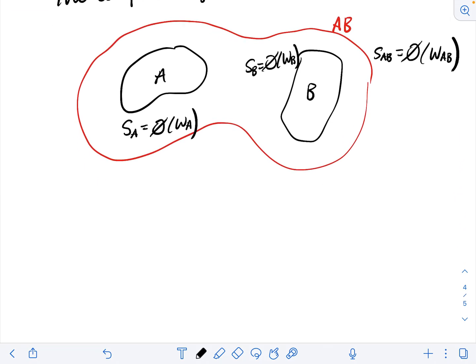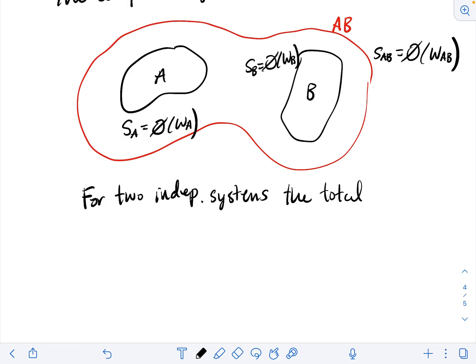So for two independent systems, the total combined entropy is just going to be the sum of the two.